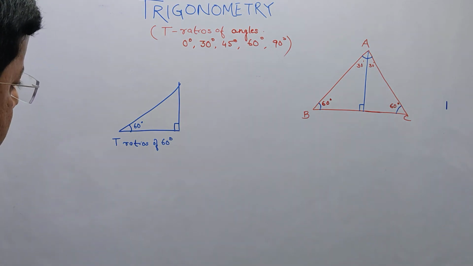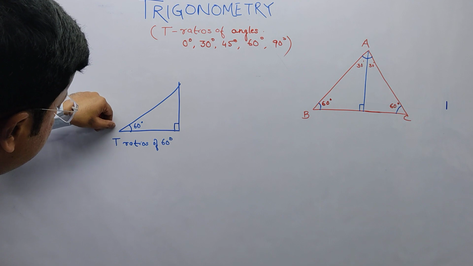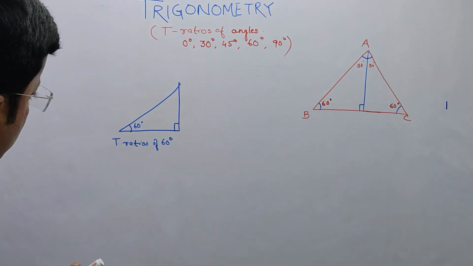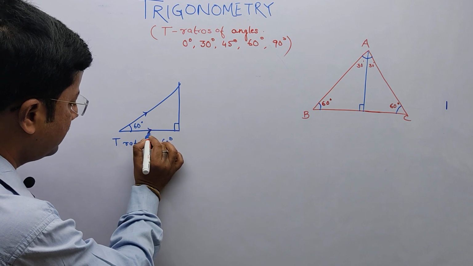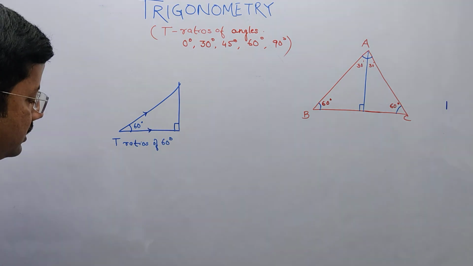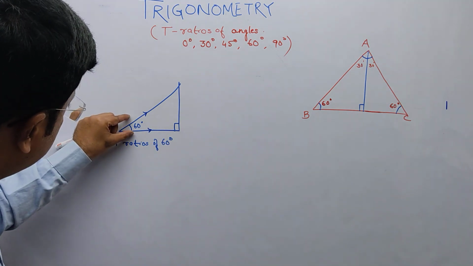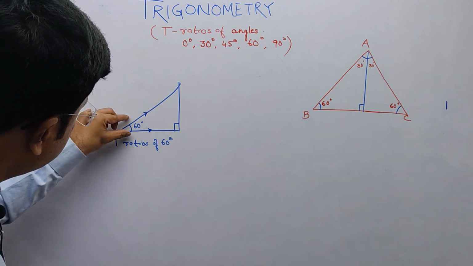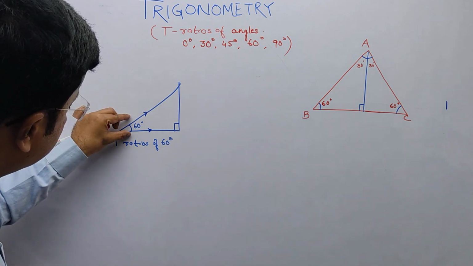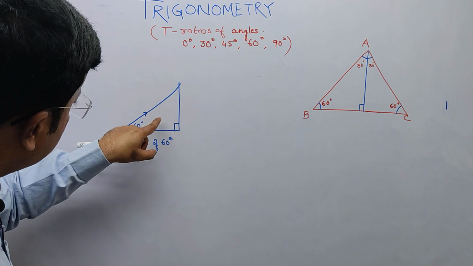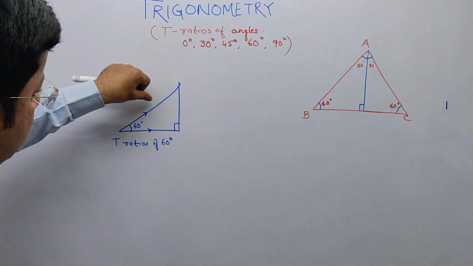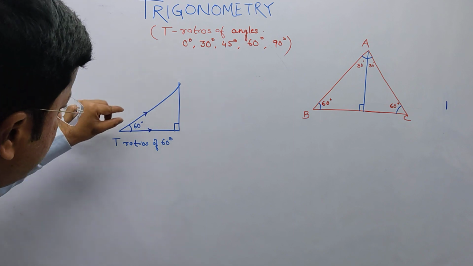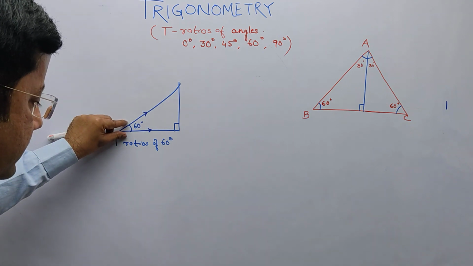T ratios of 60 degree means this 60 degree angle, these two lines are making the angle. So what are the ratios of the different sides of the triangle when the angle we are taking is 60 degree?